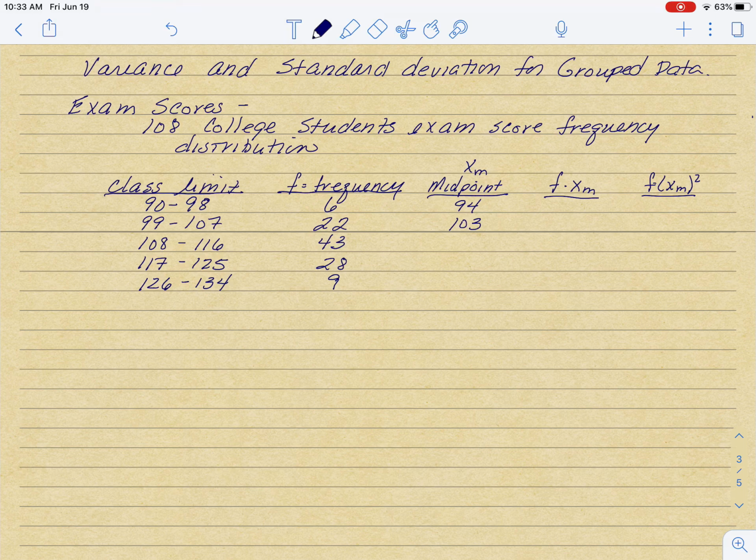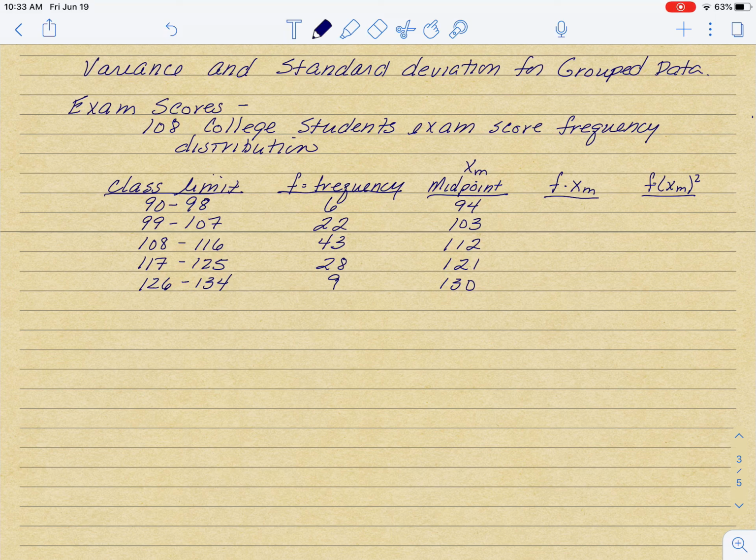If I went 103 minus 94, I'd get 9. So each time the midpoint is going up by 9. So if I add 9 to this is 112, 121, and 130 are my midpoints. So you can either figure out how much it's going up each time, or you can calculate it each time. It doesn't much matter.